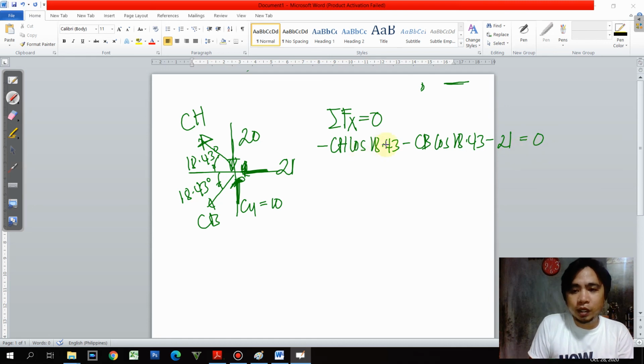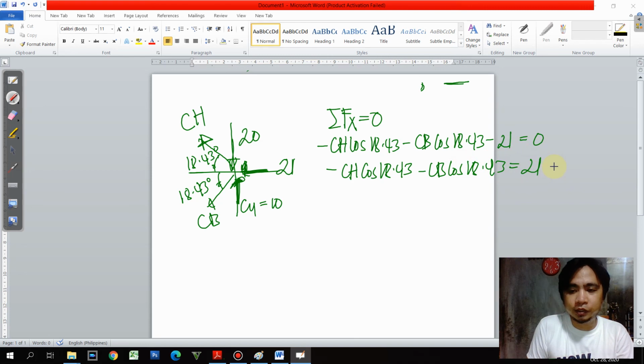So we can rearrange terms here: negative CH cosine 18.43 minus CB cosine 18.43, and 21 goes to the other side. Say this is equation 1.